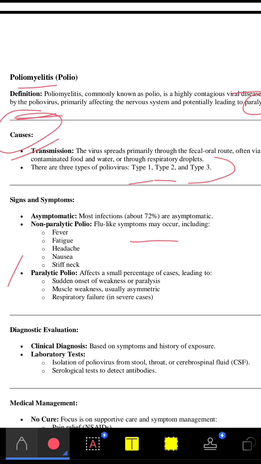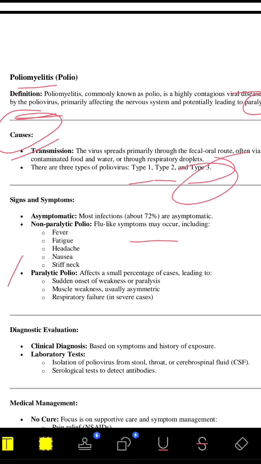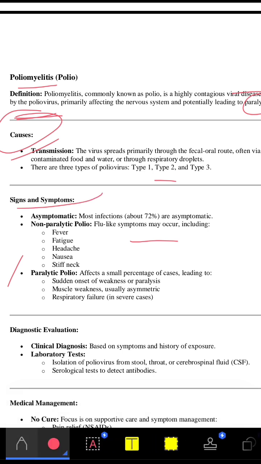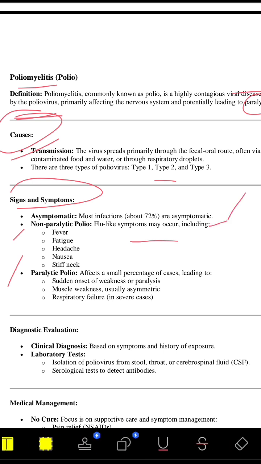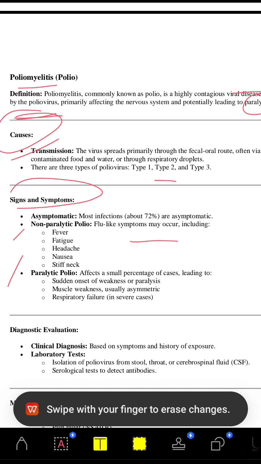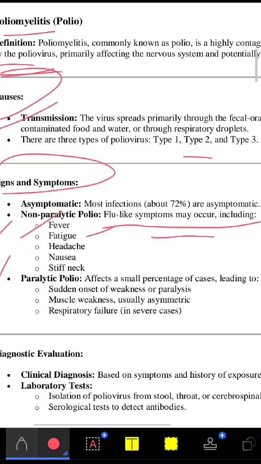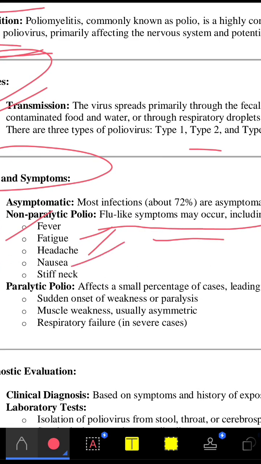Next we'll see signs and symptoms. In signs and symptoms, there are asymptomatic, non-paralytic polio, and paralytic polio. Asymptomatic: most infections are asymptomatic. Non-paralytic polio: flu-like symptoms may occur, like fever, fatigue, headache, nausea, stiff neck.